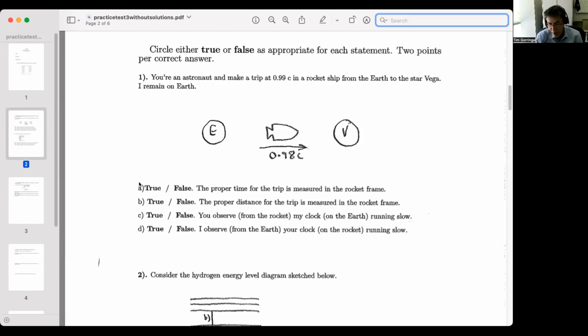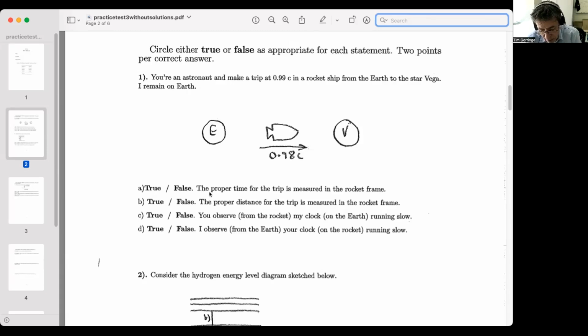Leaving Earth and arriving at Vega is actually at the same location in the rocket ship reference frame. It's where the rocket ship is, where the astronaut is. So it's that reference frame that will measure the proper time between the two events.